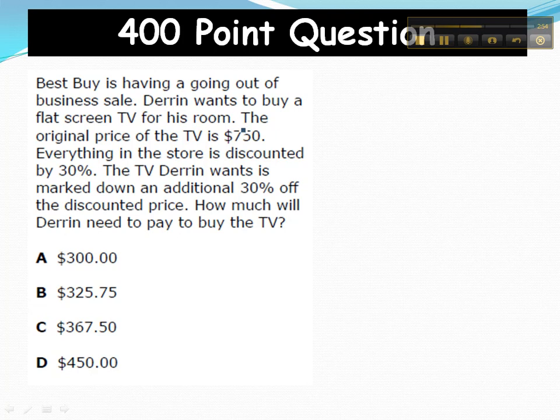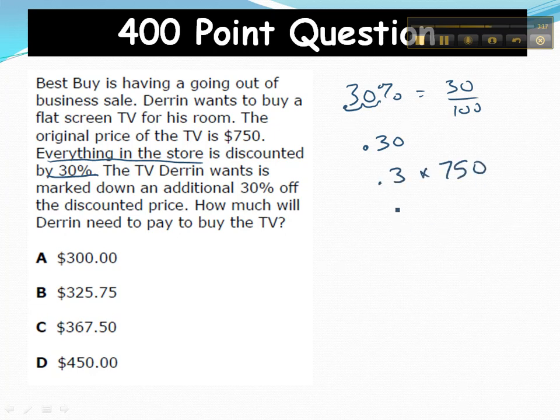First thing we need to do is figure out the discounted price. It says everything in the store is discounted by 30%. So 30% of 750, 30% is 30 hundredths, or 0.30. Or if you think about moving the decimal 2 places to the left, 0.3. So 0.3 times 750 will tell us 30% of 750.